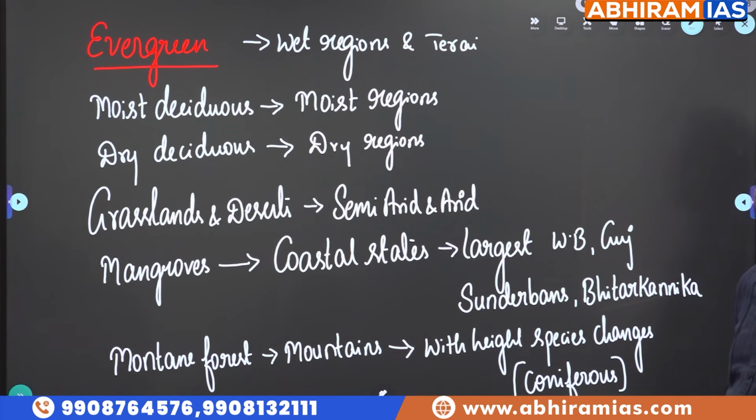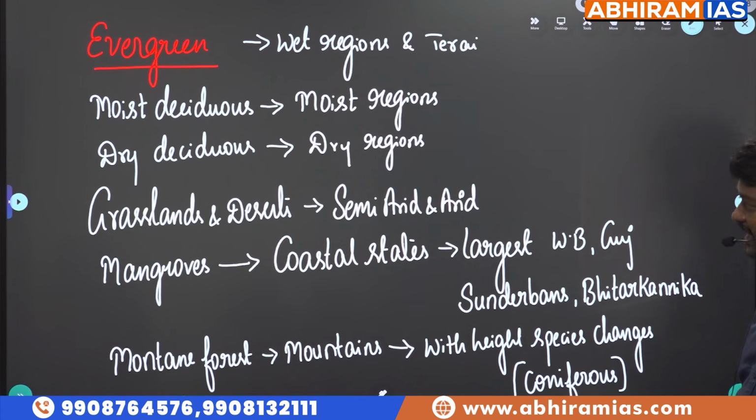Guys, if you have evergreen, there is a possibility of moist deciduous. If you have evergreen forest, in that region you may have moist deciduous. But if you have moist deciduous, there is no guarantee that it will have evergreen.